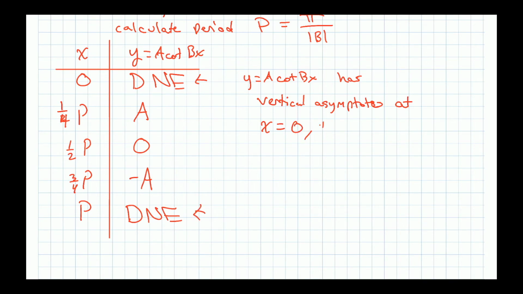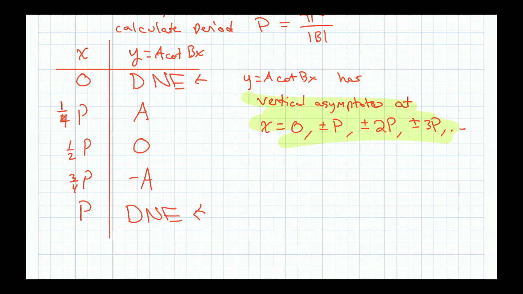So that's going to be plus or minus period. Next one's going to be plus or minus 2 periods, plus or minus 3 periods, and so on. I just started writing pi's instead of periods because that's what the period is for the normal one. P. All right. Vertical asymptotes there.